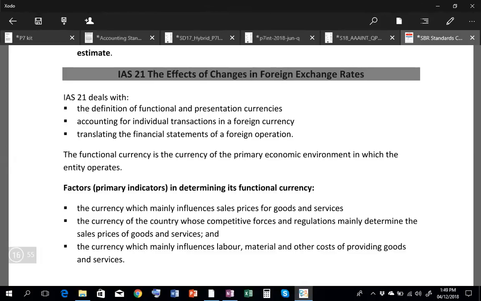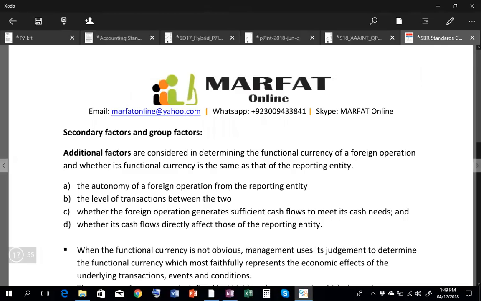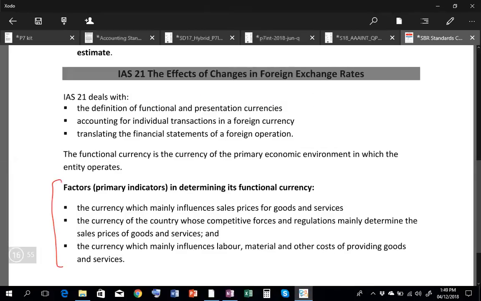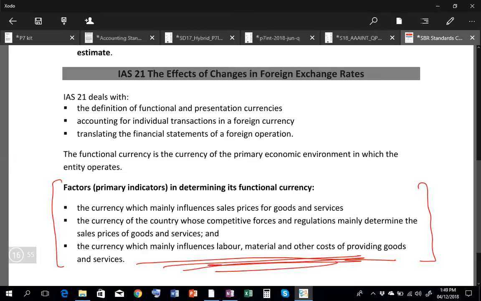That means the one in which the company carries out its economic activities, such as in which the prices of the goods and services are settled, in which competitive forces and regulation determine the selling prices, in which you pay wages and salaries, and in which you finance. You can expect that the examiner may ask what the factors are that determine the functional currency. Then you need to write these things in the exam.